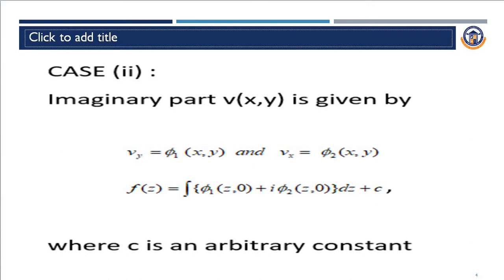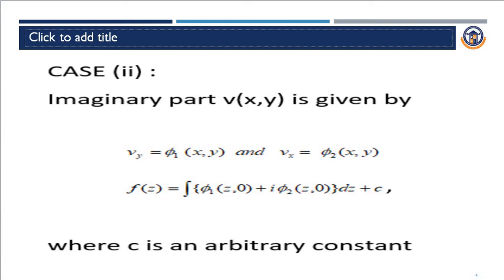That is, the imaginary part is given, which means first you have to find vy and next you have to find vx. vy is phi 1 of x comma y and vx is phi 2 of x comma y. After finding phi 1 of x comma y and phi 2 of x comma y, you have to put z for x and 0 for y.